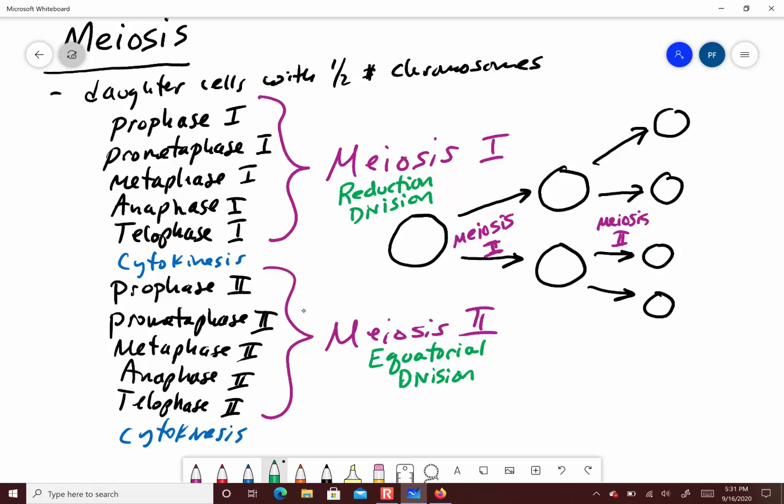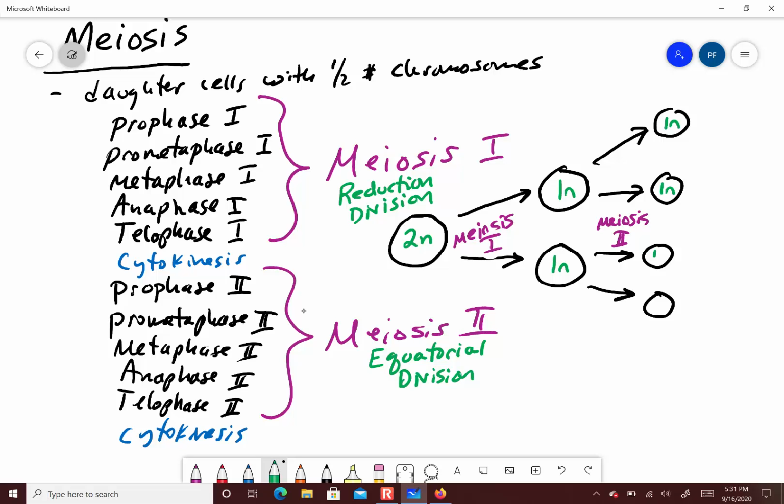Right, that's what it's telling you. So if this parent cell is 2N, meiosis 1 is our reduction division. Right, so we're going to reduce that 2N in half. So these first two daughter cells would be 1N. And then we do meiosis 2, which is telling us it's equatorial, so everything stays equal.